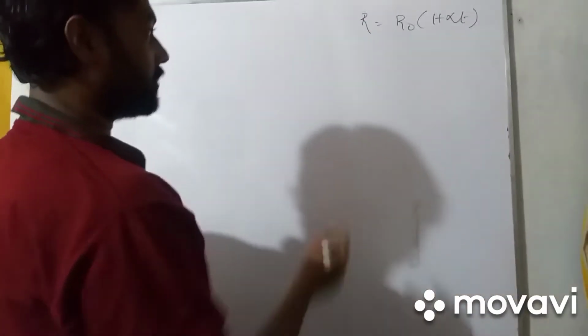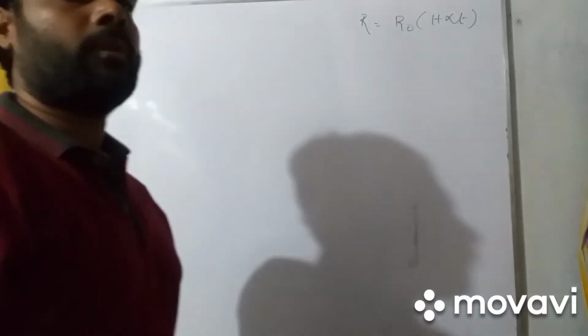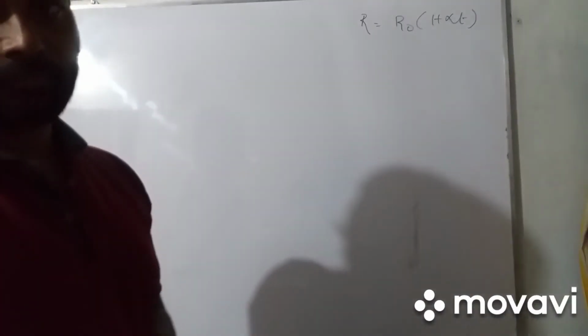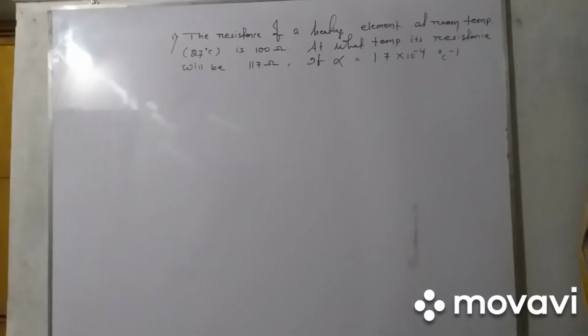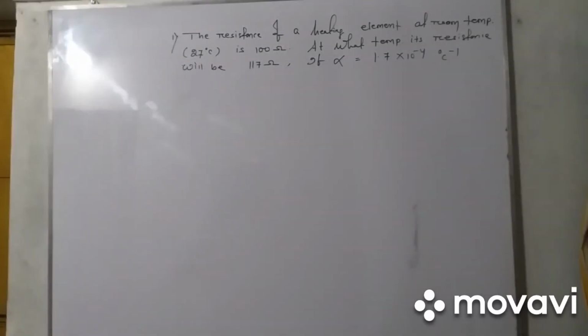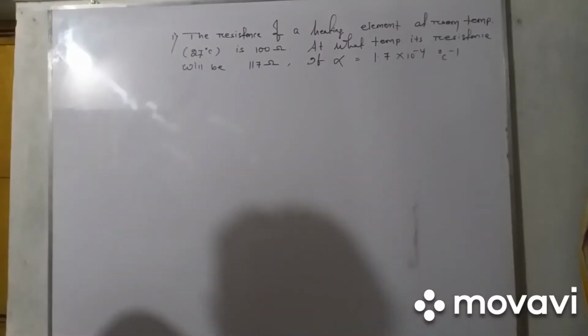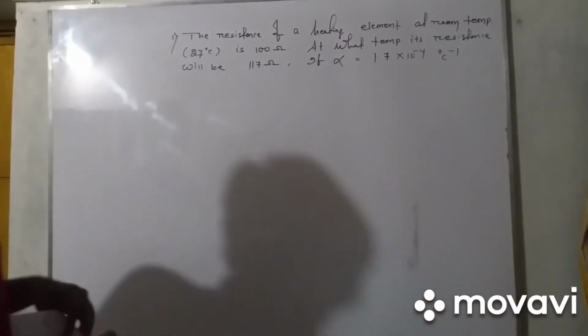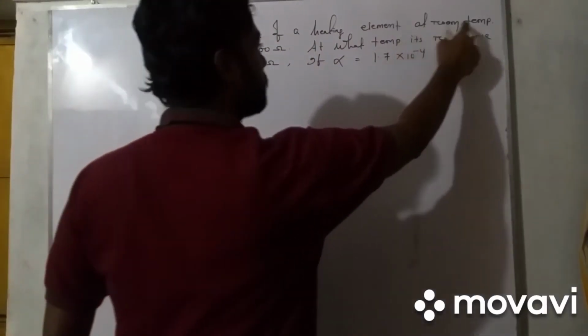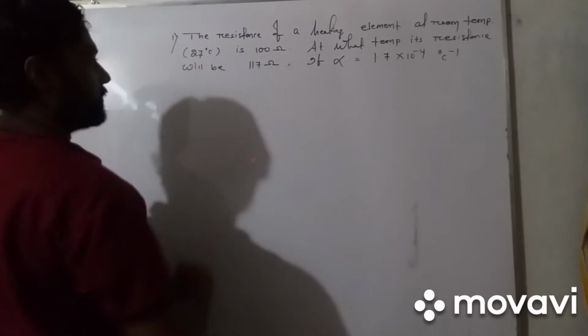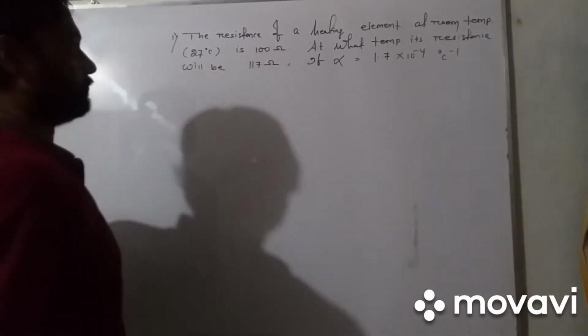Okay, so this is the given formula. By using that formula we can derive some problems. So this is my first problem: the resistance of a heating element at room temperature 27 degrees Celsius is 100 ohm.